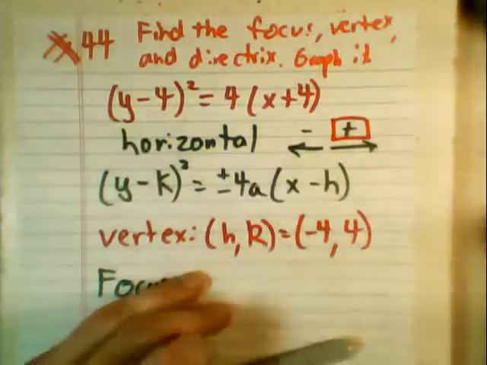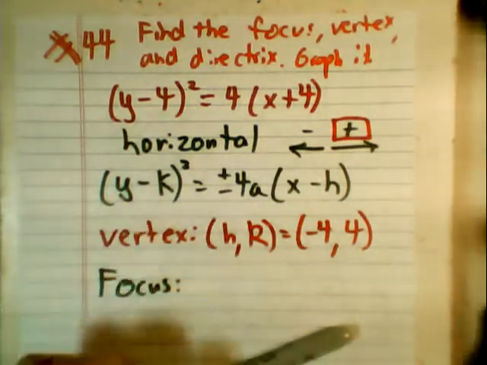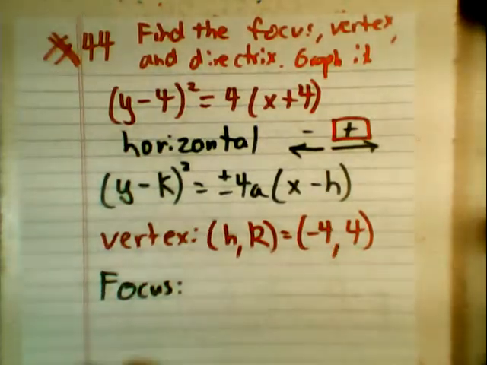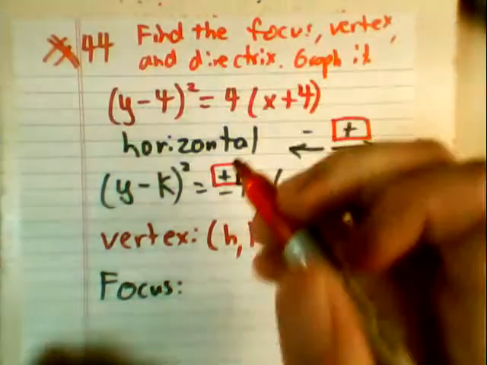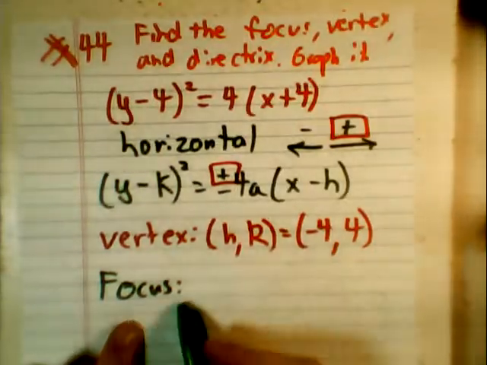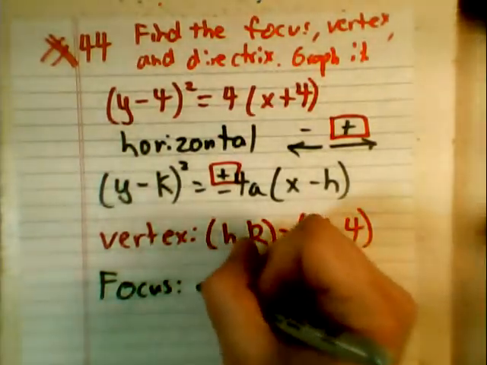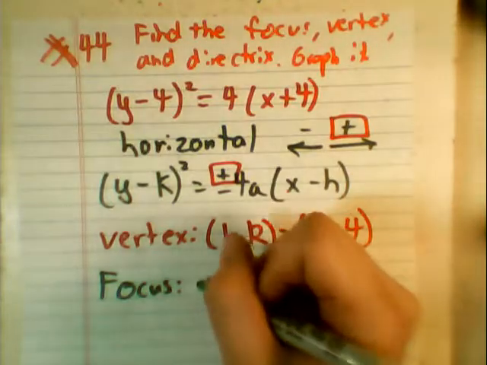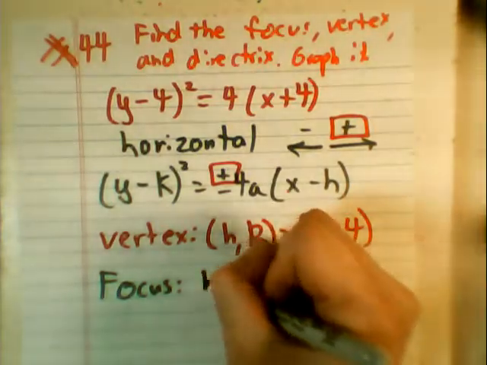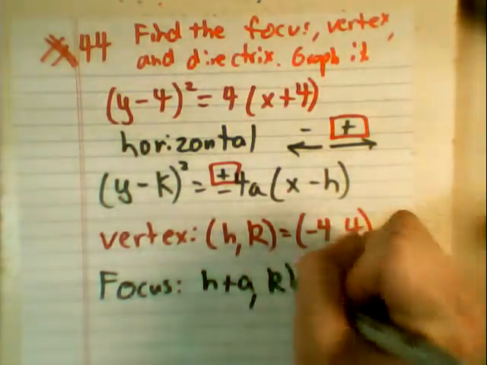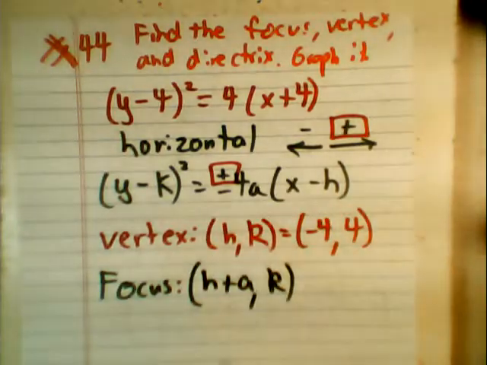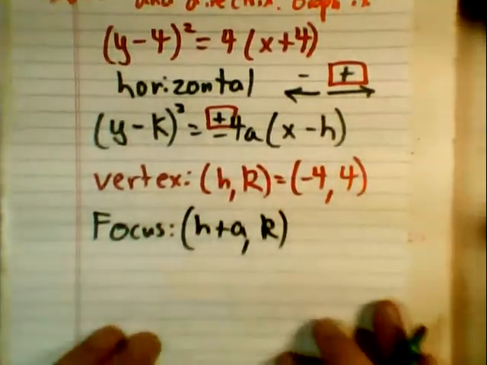If it was negative, it would open to the left. So now to find our focus, we know that we're using the positive equation. So our focus equation is h plus a comma k. We know our h, we know our k, we have to find our a though.